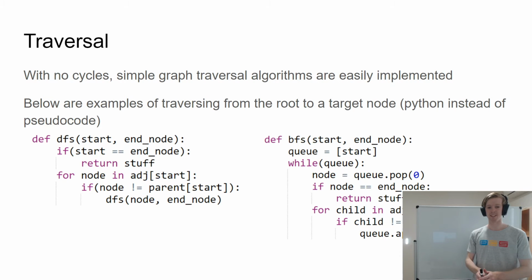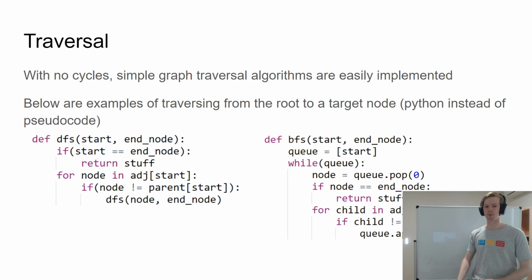So in these examples of DFS and BFS, we've rooted one node called start, and we're then checking to see whether or not the next node in our DFS or BFS is the parent. We go over the adjacency list of the node and check whether or not one of those nodes is the parent.